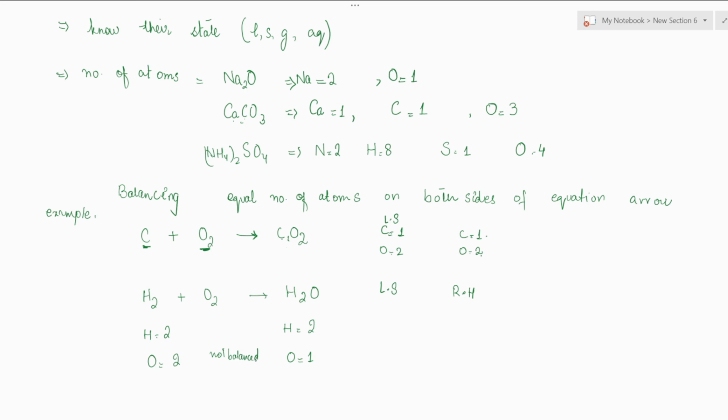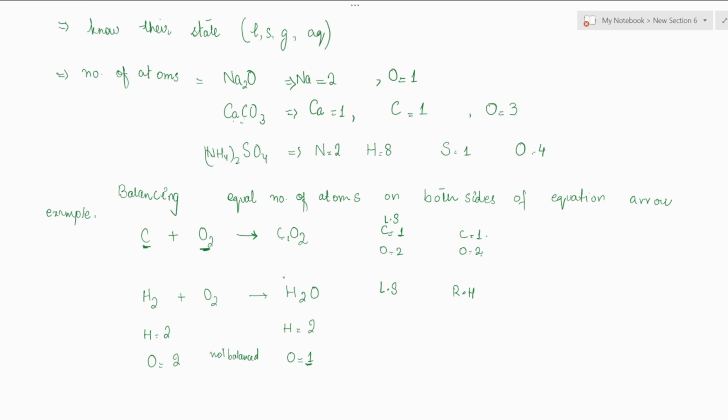Now, this is a question of balancing equations. This equation is very simple. Most of the time it's a hit and trial method. Sometimes there is a trick, but sometimes it's hit and trial. So we need two oxygens here, right? What is the easiest way?